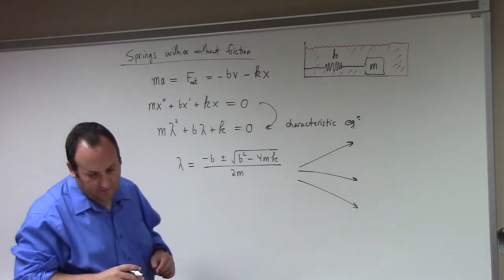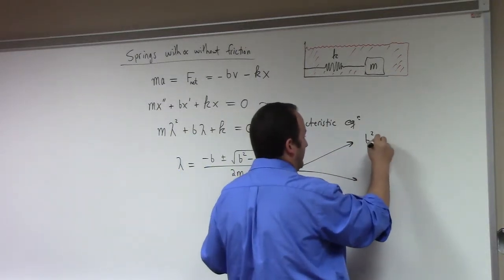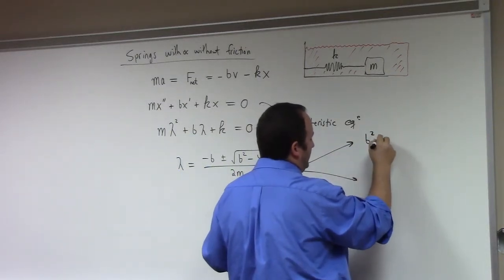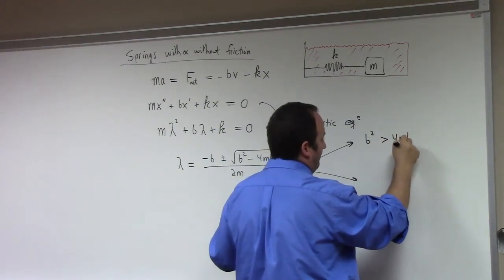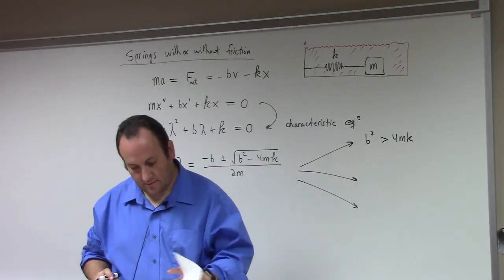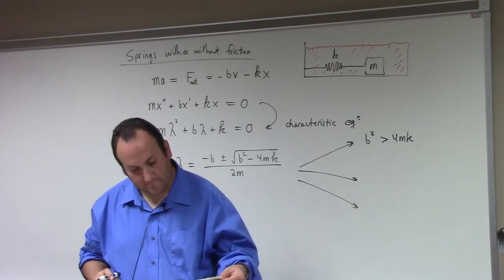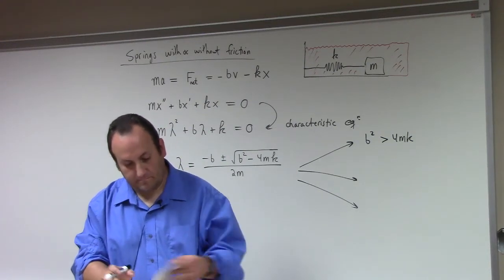So I'll start out with the, well, excuse me, I think this is kind of the uninteresting case, but if b squared is greater than 4mk, right, then this gives us what is called, I believe, overdamped. The motion is said to be overdamped.